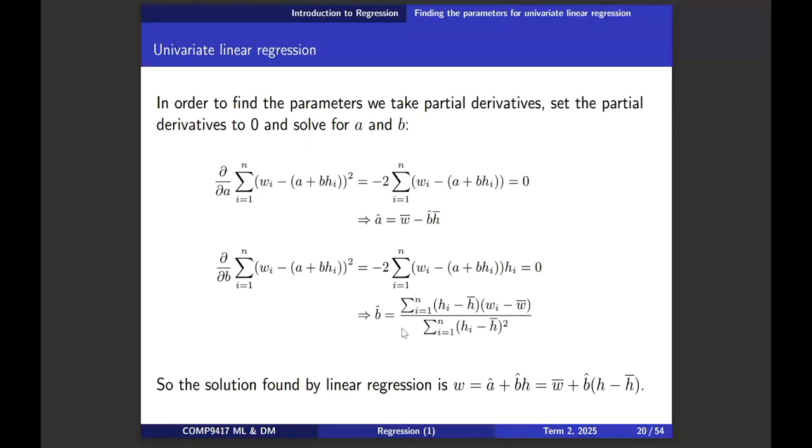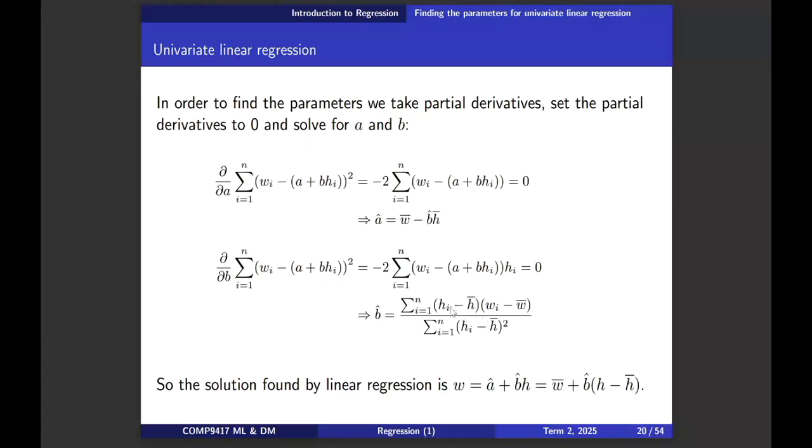So if you believe me, and I'll put up a link to a video in which Omar derives that for you, you still have to look at this and say, well, what is this telling us? Well, it actually does have an interpretation. We're saying sum from i=1 to n, so over all of the data, with x and y, h and w.